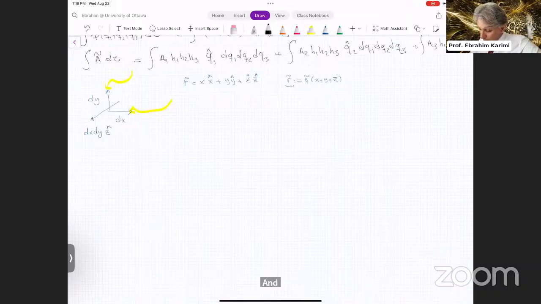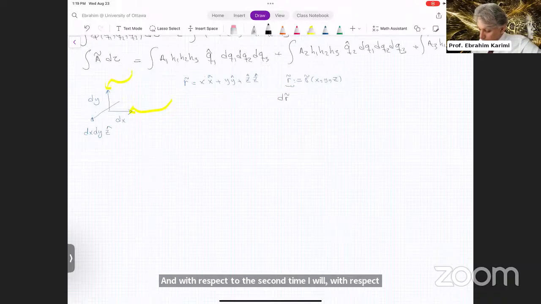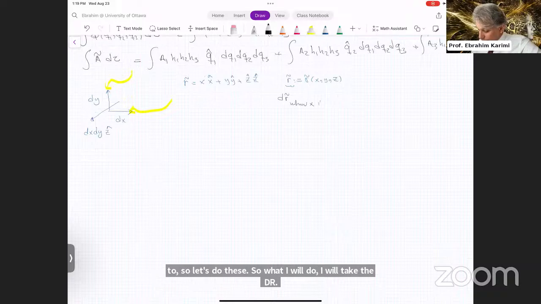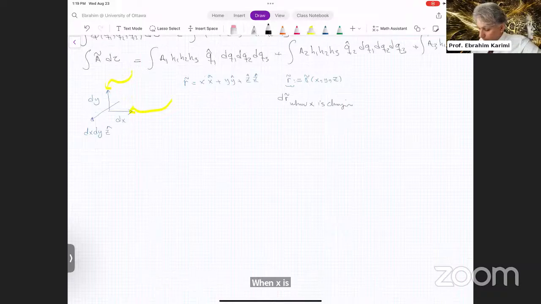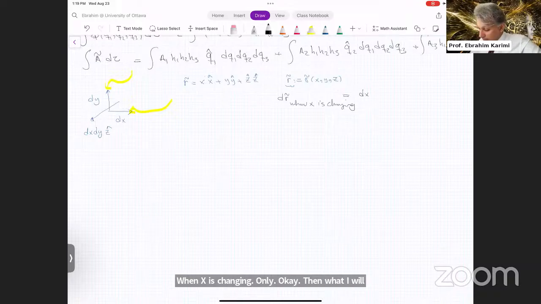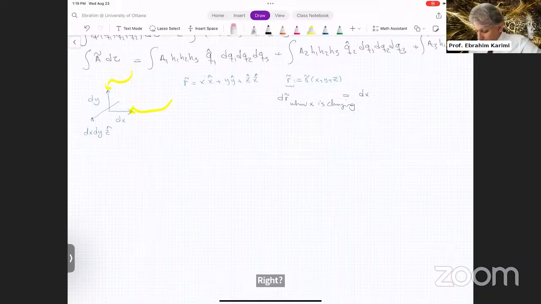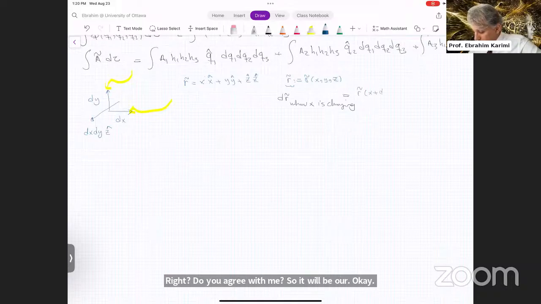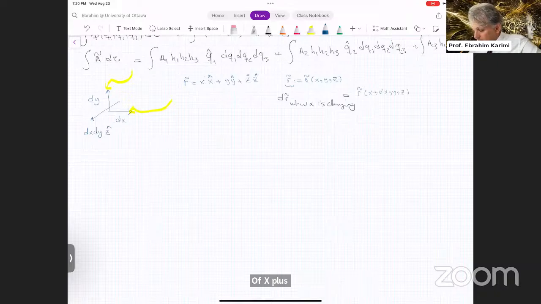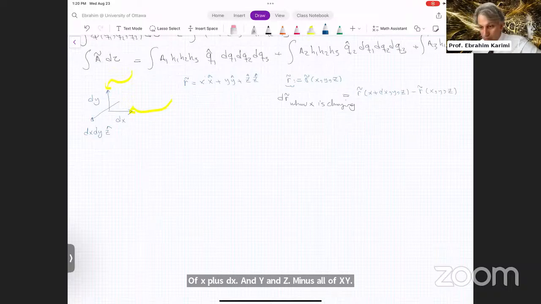So let's do this. I will take the dr when x is changing only. Then what I will get is dx, right? Do you agree with me? So it will be r of x plus dx, y and z, minus r of x, y, and z. Beautiful. Any problem with that? I don't think so.